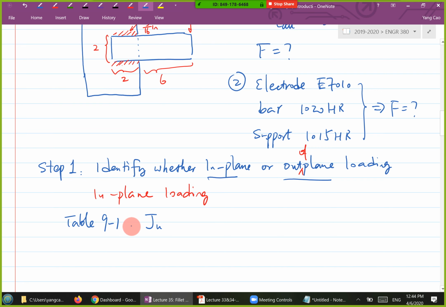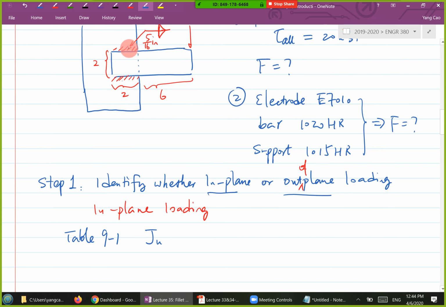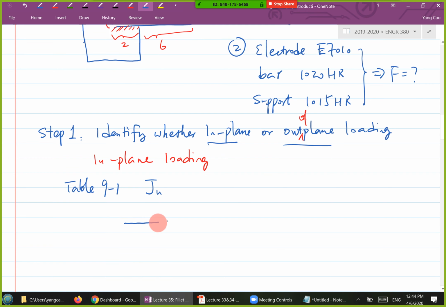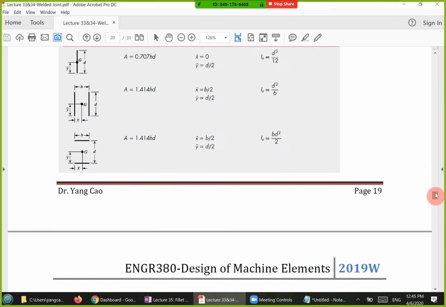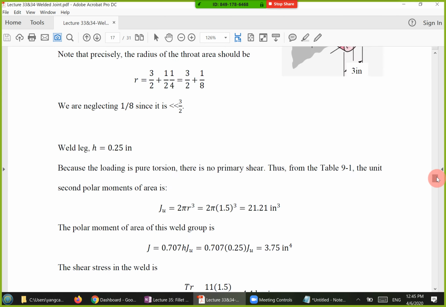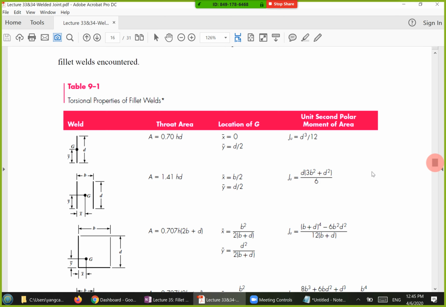Once you identify this, you look at the weld group. You draw the weld group here. In this case, you can just draw two horizontal parallel lines representing this weld group. If you look at Table 9-1, you don't have two horizontal lines, but you do have a vertical one, and this is actually the same because of the polar moment of area.